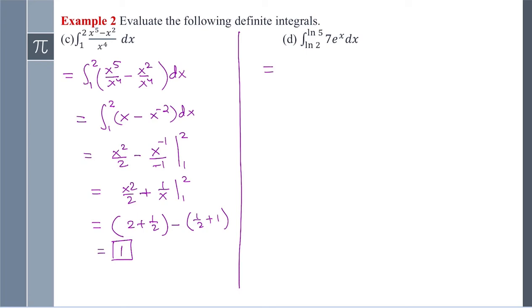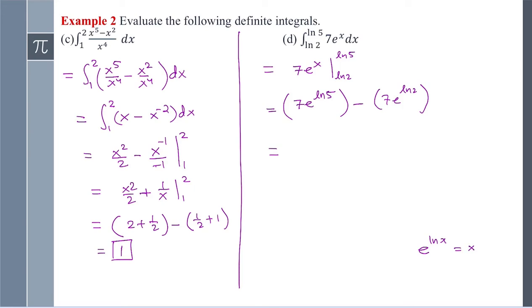Now let's do the next example. First, we are going to find the antiderivative of 7 times e to the x, which is just 7 times e to the x. And then we go from natural log of 2 to natural log of 5. Now, when I plug in natural log of 5, that becomes 7 e to the ln 5 in the exponent, and then minus 7 e to the ln 2. So we know that e to the ln of x is just x.